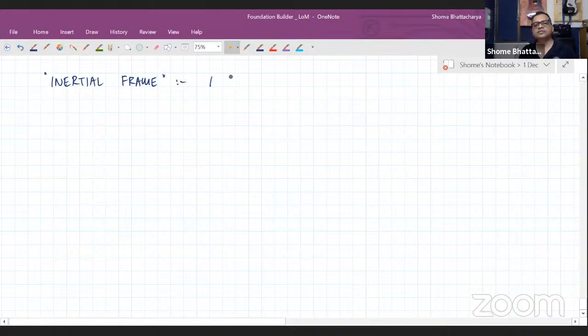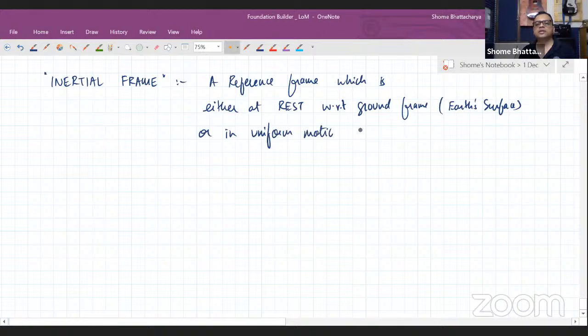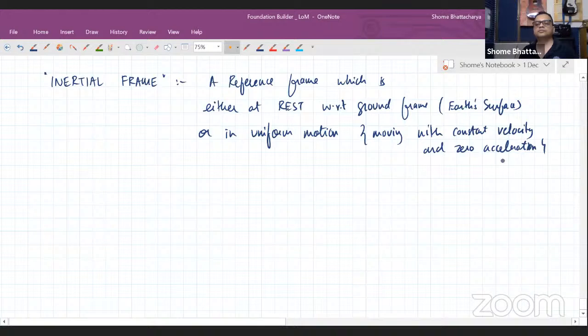Inertial frame is a reference frame which is either at rest with respect to the ground frame, that is the Earth's surface, or in uniform motion, that is moving with constant velocity and zero acceleration with respect to ground. Okay, so that is the definition of inertial frame.